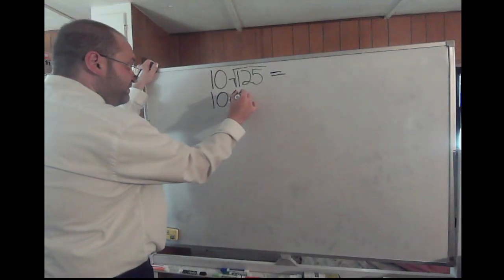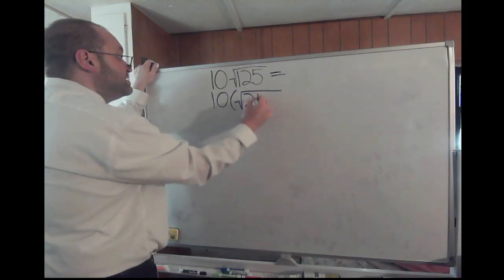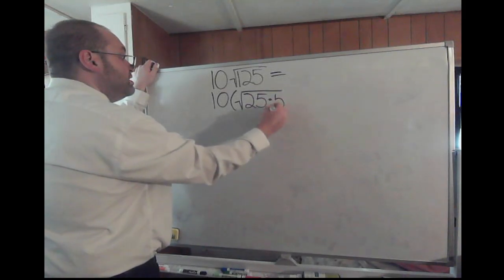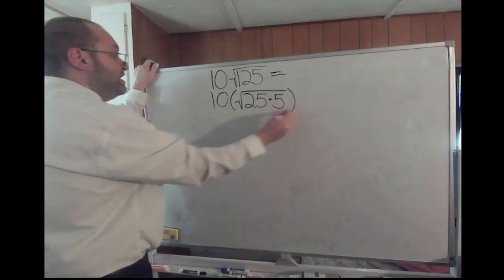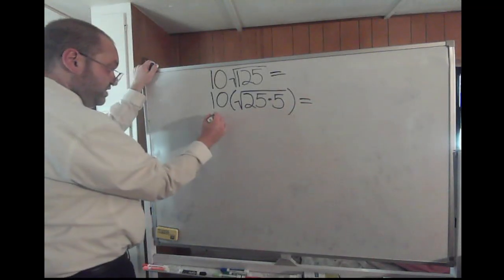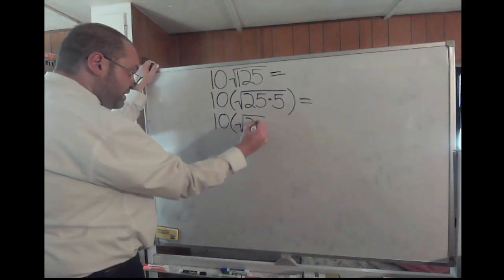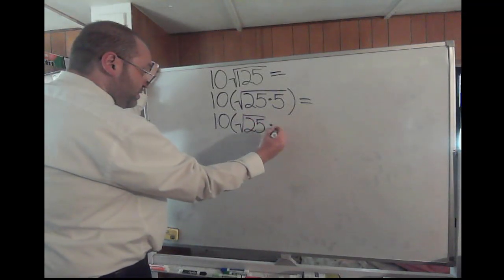Let's come up with some factors of 125. Well, we know there's 25 times 5. Those are factors of 125, which will separate into 10 times the quantity of the square root of 25 times the square root of 5.